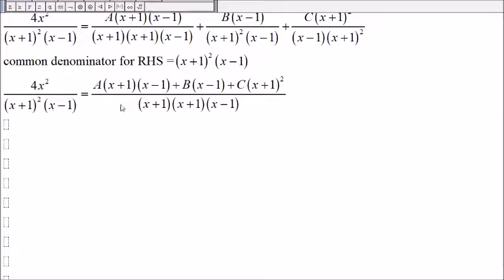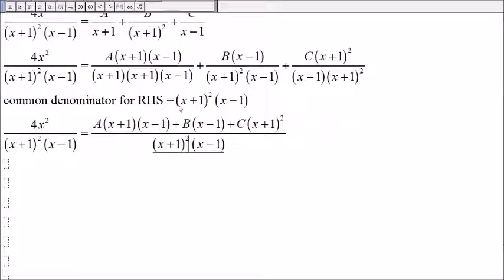And so now the two denominators match, and so the two numerators have to match.